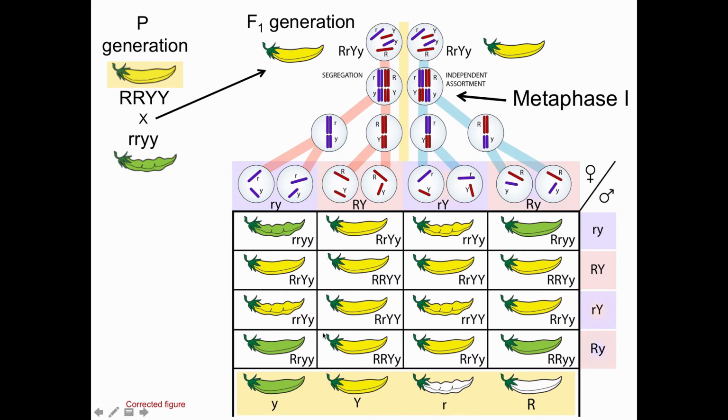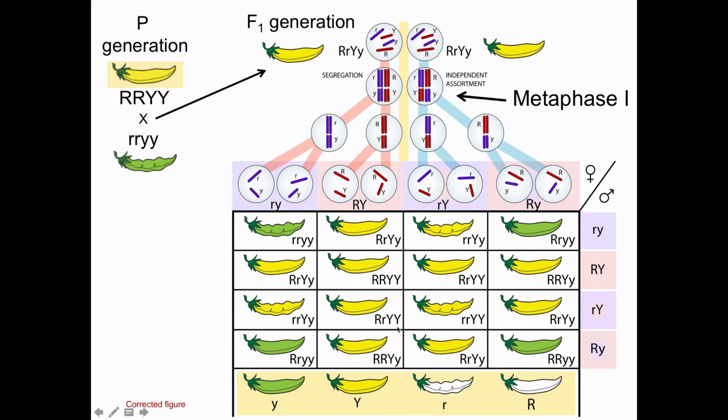And when you look at our offspring, we have only one full homozygous recessive for all of the traits. So we've got a green wrinkly. We've got a bunch of yellow, smooth, 1, 2, 3, 4, 5, 6, 7, 8, 9. We've got 3 yellow and wrinkly, and we've got 3 green and smooth.